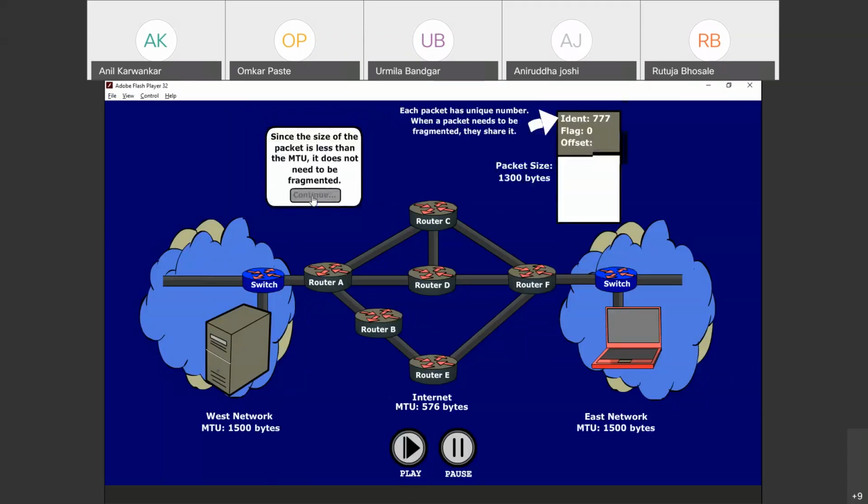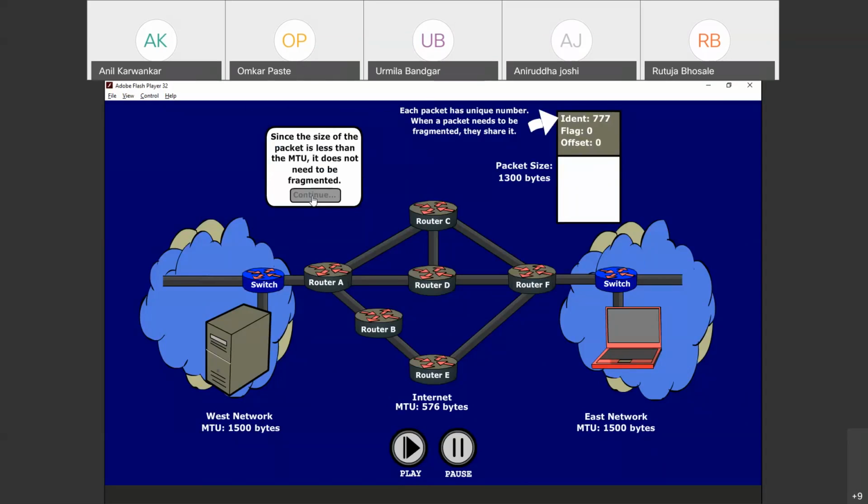Now see here, the red laptop is sending a packet towards the west network. Each packet will have a unique number. When a packet needs to be fragmented, this unique number is shared. Say identification 777 is the identification number for this particular packet, and the packet size is 1300 bytes.